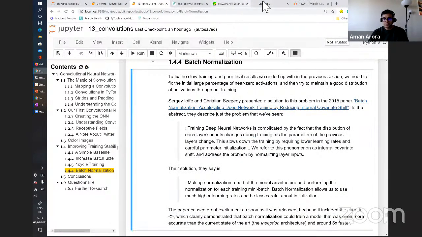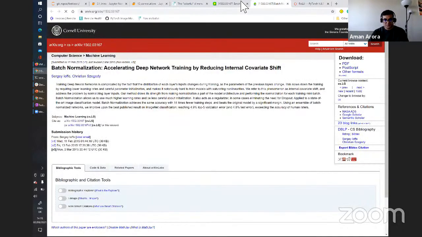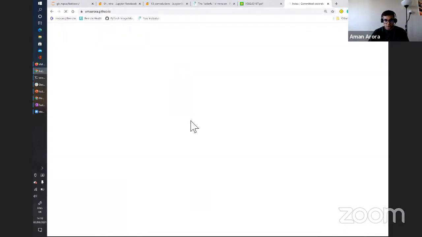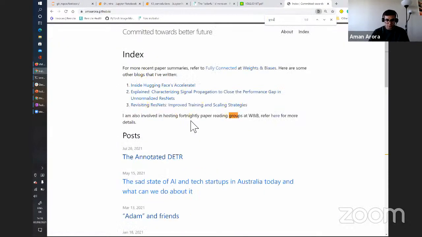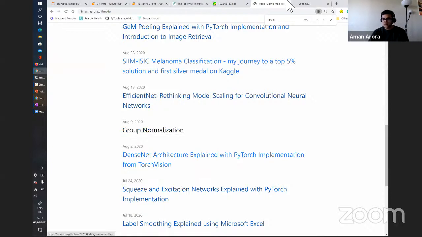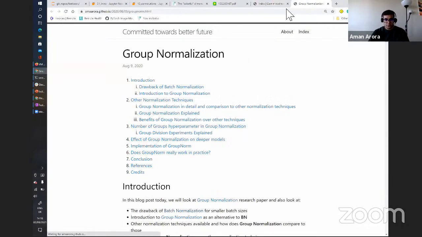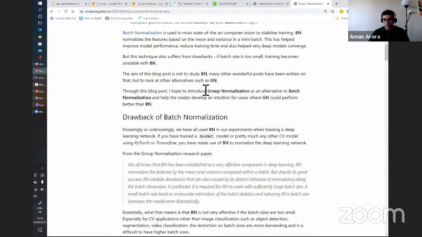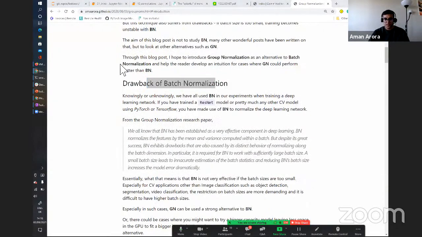But basically, if you want to learn more about batch normalization, or looks like arXiv is back, I would say we go to this PDF and start having a look at this paper. Otherwise, I've written a blog on group normalization. If you go to this blog, you will see an introduction to batch normalization, what batch normalization does, and what the drawback of batch normalization is.